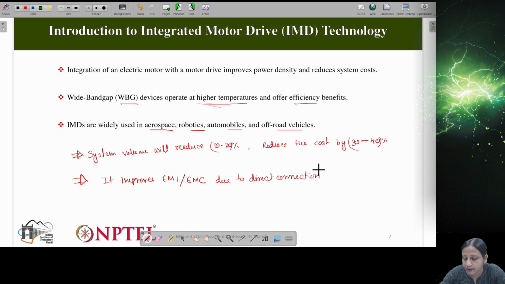This is one of the main advantages. With most wide bandgap devices, as I have discussed earlier, the problem of EMI is severe, and in order to reduce this EMI we need to measure it, whether it is within the range or not. If it is not, then we need to design the filter. But this direct connection will help to reduce the EMI, so then it will be possible to reduce the use of filters in this particular application.